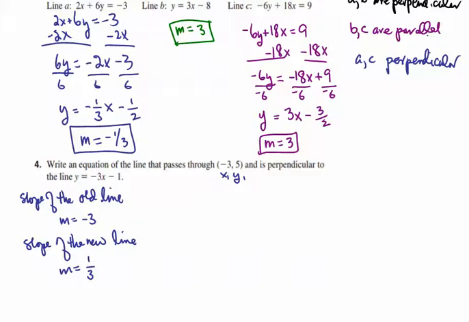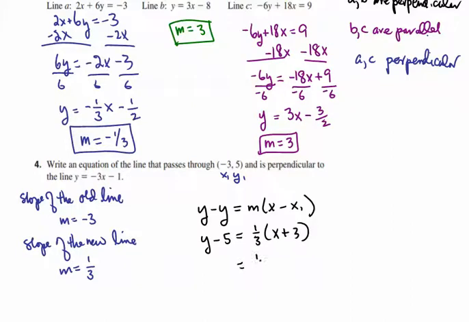Now that I know that, I can put my data into point slope form and solve for y. So y minus 5 is equal to 1/3 times x plus 3, since my x-coordinate is negative 3, and now I multiply out 1/3 x plus 1, y minus 5.